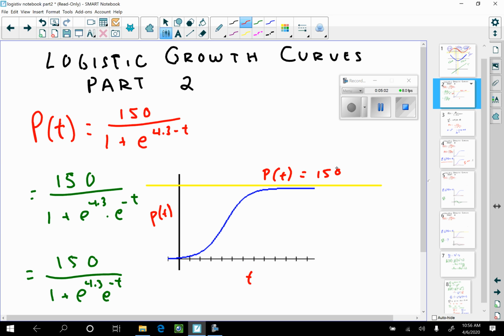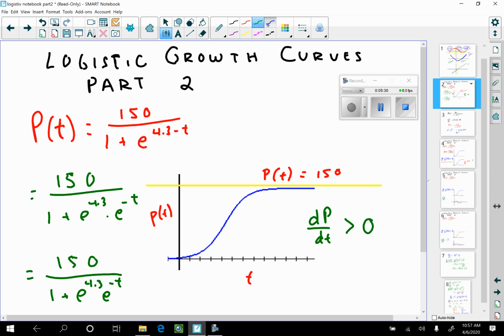And what do I know about this growth model? This thing is always increasing. What does this tell me? This tells me that, by golly, the derivative of P with respect to t is always positive, because this graph is always increasing.